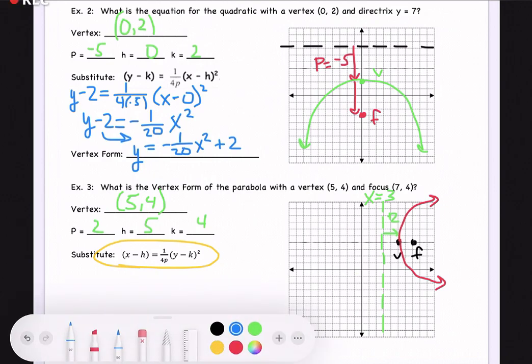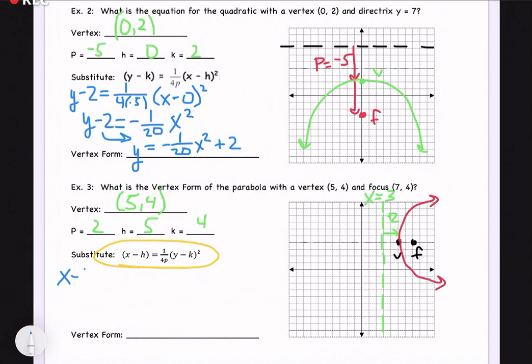So x minus h is on the left now, so x minus 5 equals 1 over 4 times p, 4 times 2, times y minus k, y minus 4 squared. So x minus 5 equals 1 over 8 times y minus 4 squared.